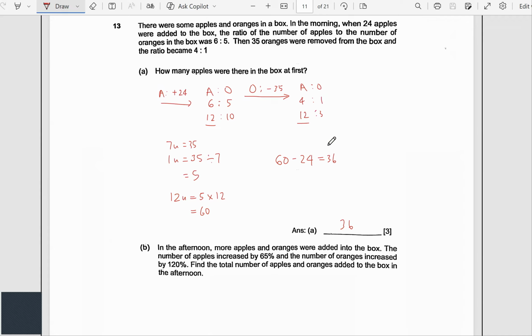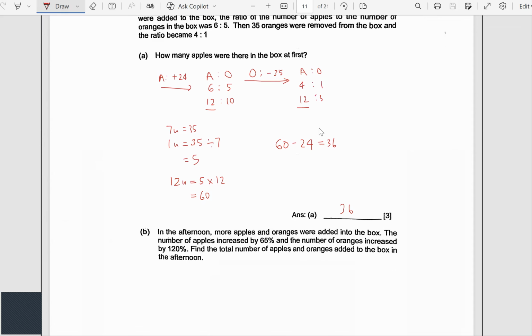Okay, so firstly, since I already know 1 unit, I can find how many apples there are here, how many oranges there are here. Okay, for apples, 12 units, I already know it's 60. But for oranges, 3 units.